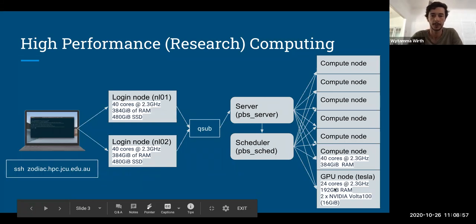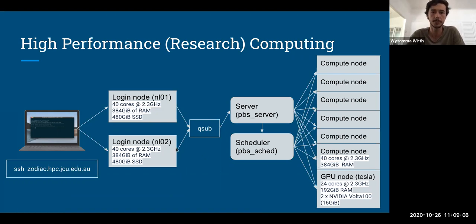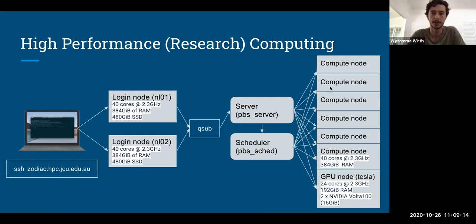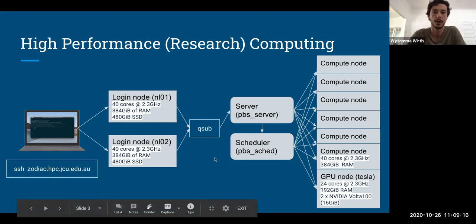You can access them if you need to do something that requires GPUs, like image manipulation or long read based calling, which today uses a lot of GPU stuff. So that's the basic layout. There's a server and a scheduler for PBS that organizes how the stuff gets put on the nodes. But that's just a basic layout of the HPC.